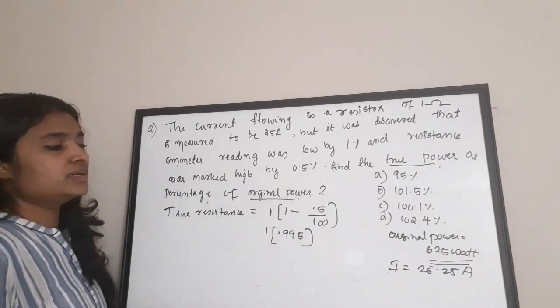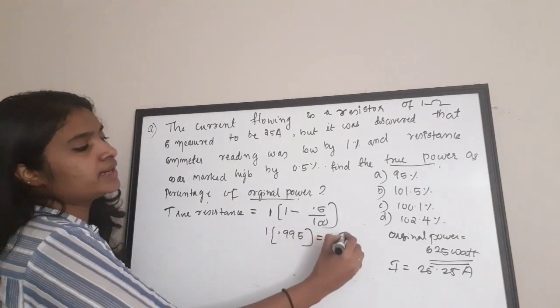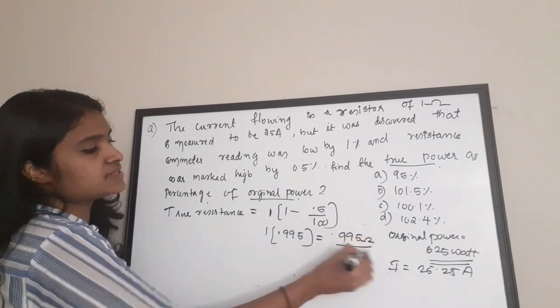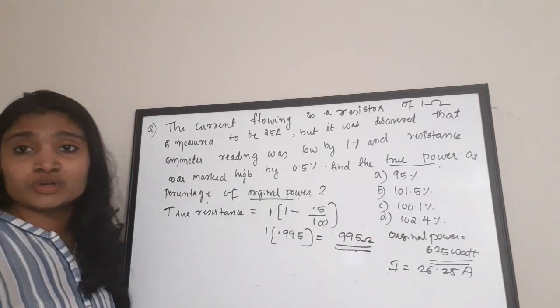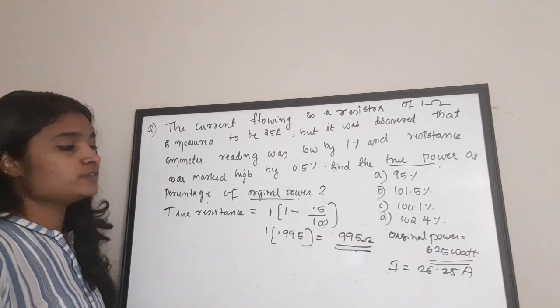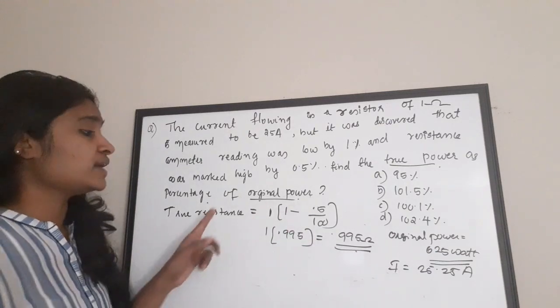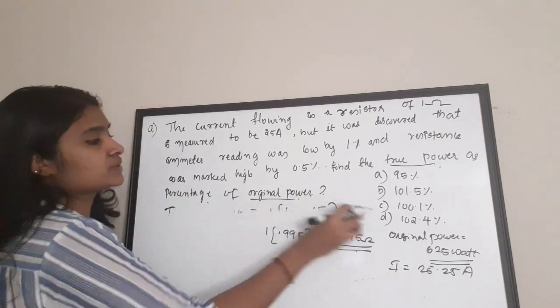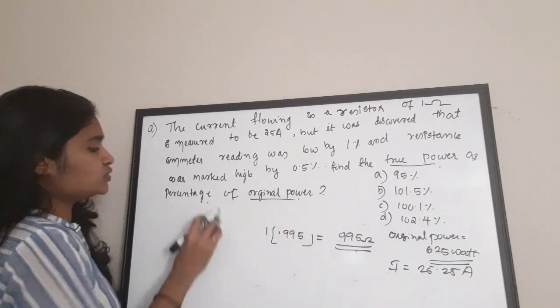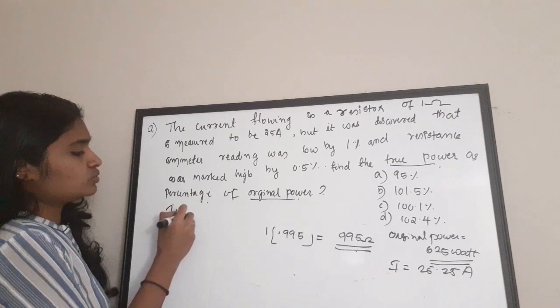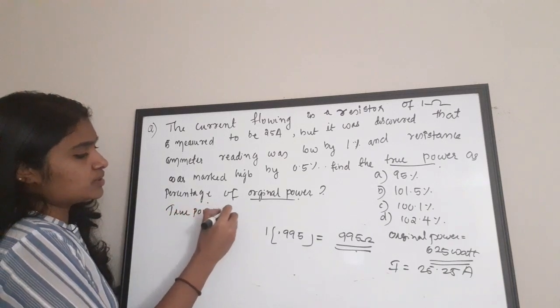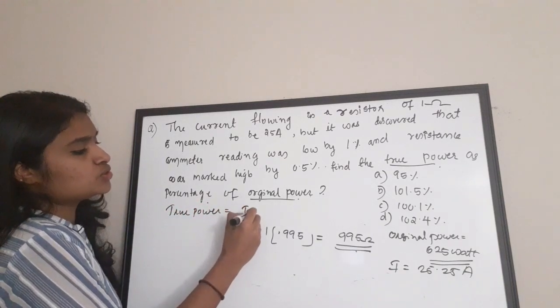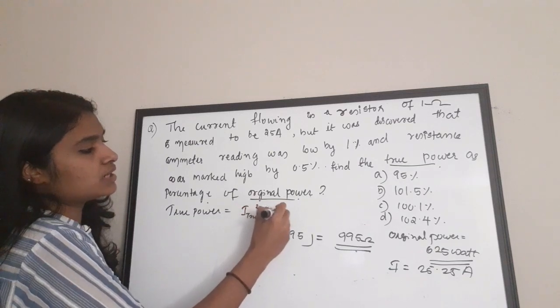So 0.995 ohms is the true value of your resistance. Now we have the true value of current and the true value of resistance, so we can find the true power. What is the equation for true power? True power is equal to I true squared into R true.